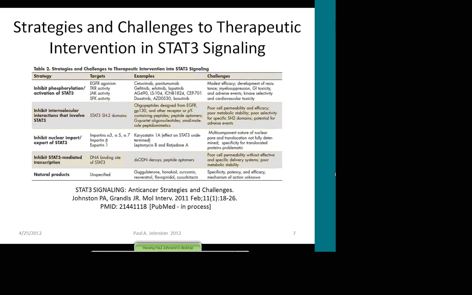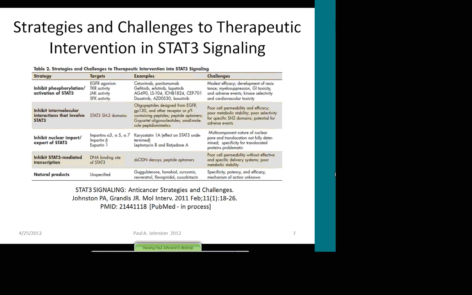Unfortunately, because of the poor cell permeability and metabolic stability of the DNA decoys, they have to do direct intratumor injection, although the group are developing strategies to improve the bioavailability and targeting of the double-stranded decoys.